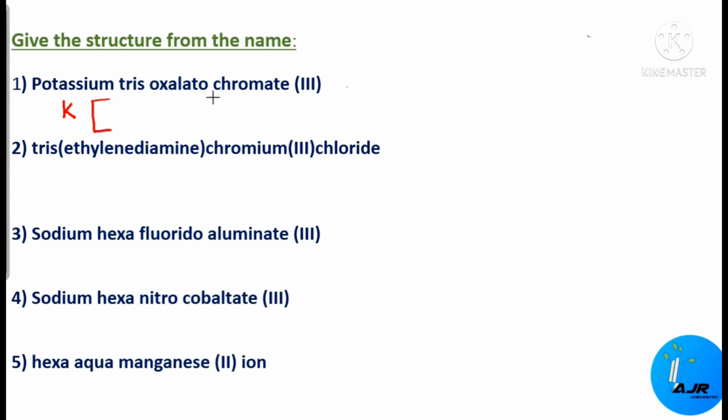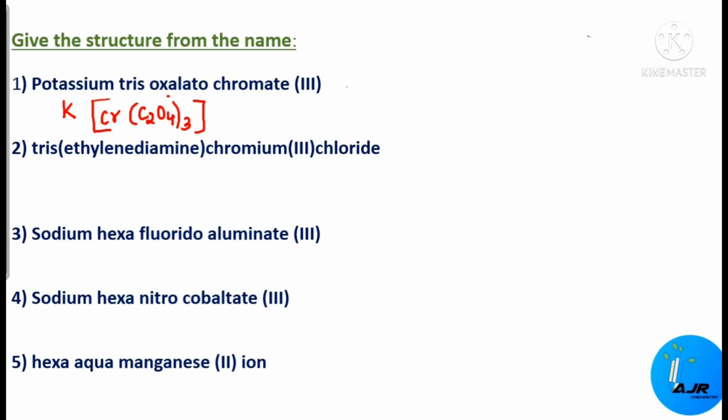Tris oxalatochromate, chromate, that means Cr. Since it is given as ATE, it is an anionic complex. Then tris means 3 times oxalato. What is oxalato? Oxalate, C2O4. Tris means 3 times. Close the bracket.